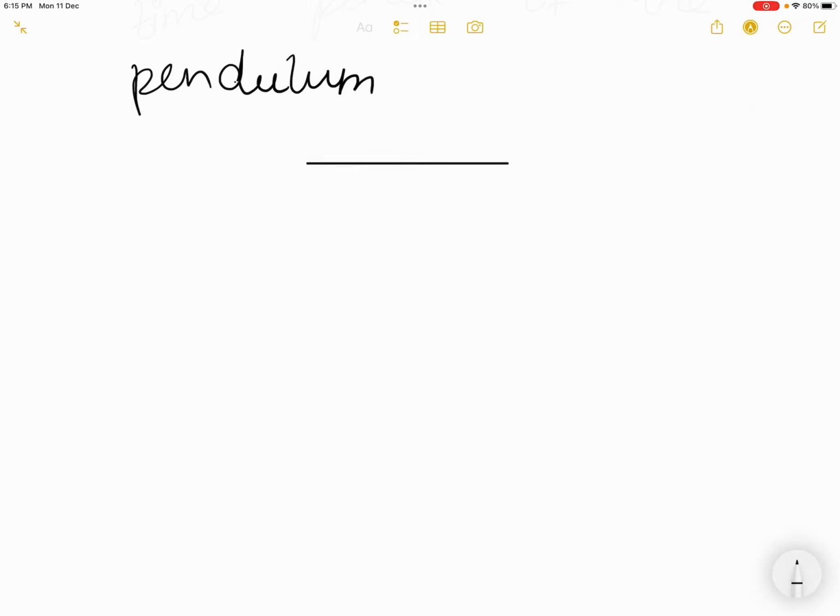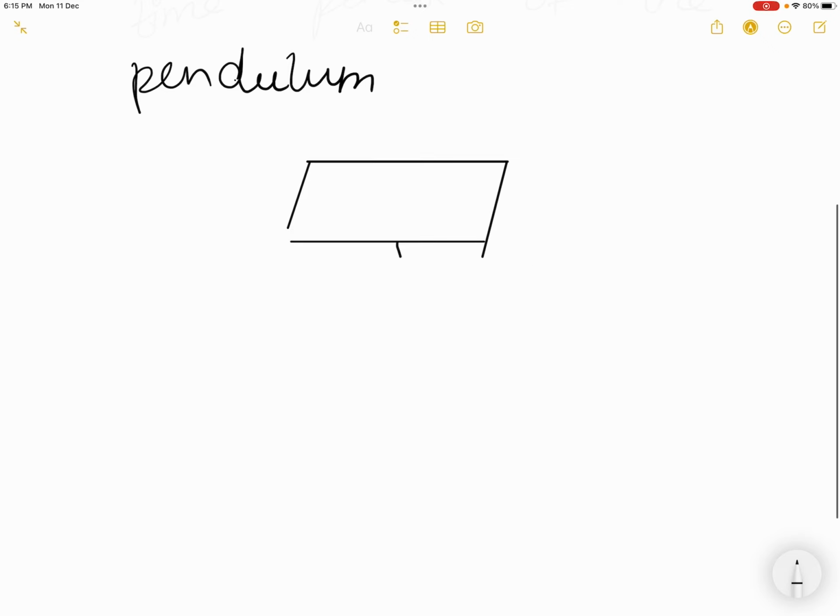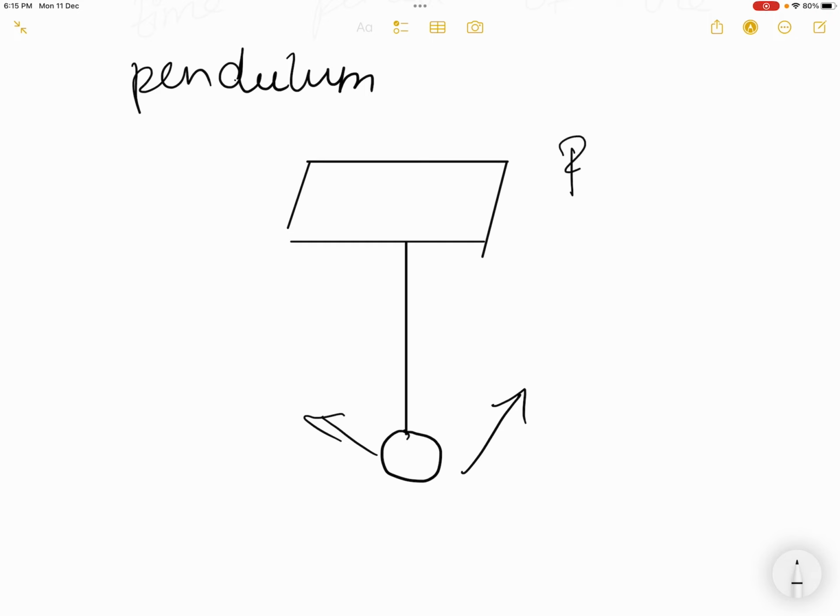I'll explain in short right now, because I have already explained a lot about the pendulum in our oscillatory and periodic motion video. So this is our pendulum, which does the oscillatory and periodic motion both.